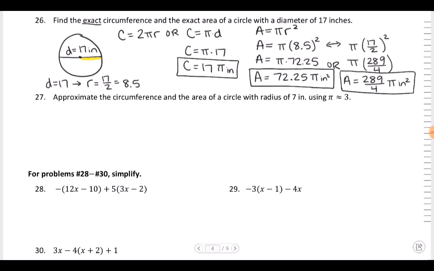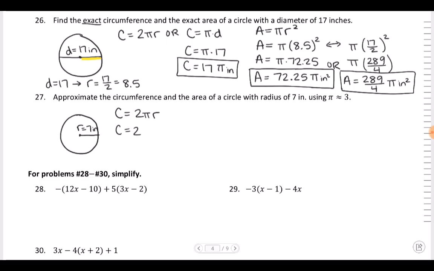Okay, approximate the circumference and the area of a circle with radius of 7 inches using pi equals 3. It's kind of a strange number to use for an approximation, but it is an approximate value. So if you're just getting a general approximation here, then it says the radius is 7 inches. So circumference, again, is 2 pi r. Since we know r, we would want to use that formula.